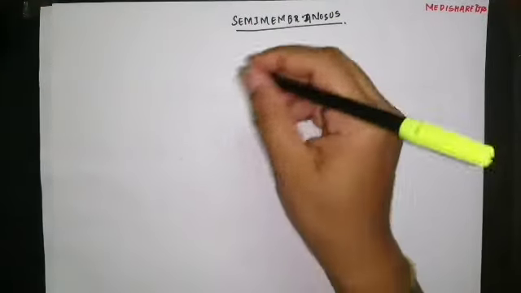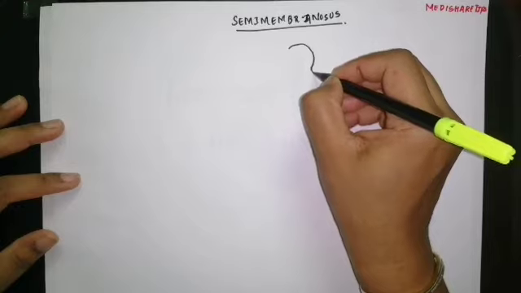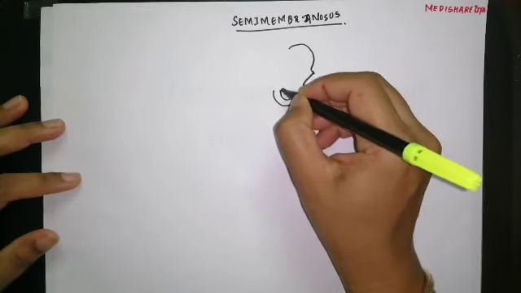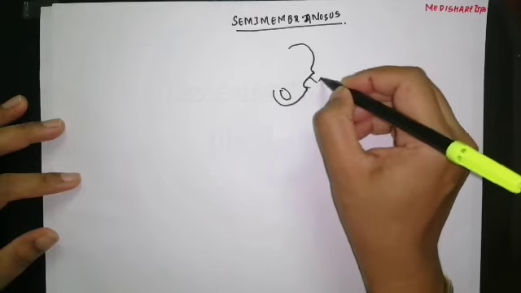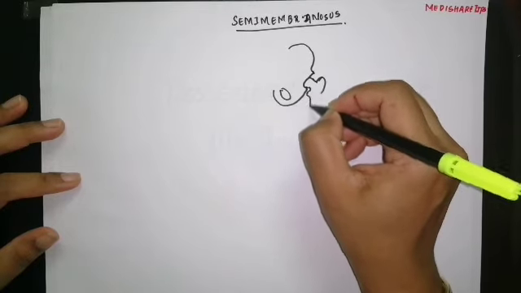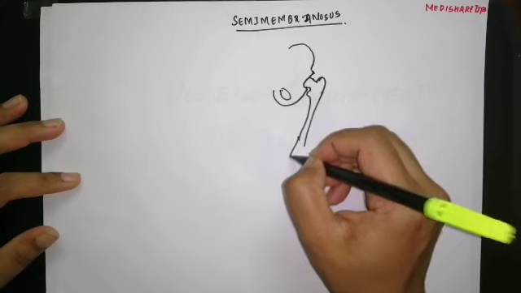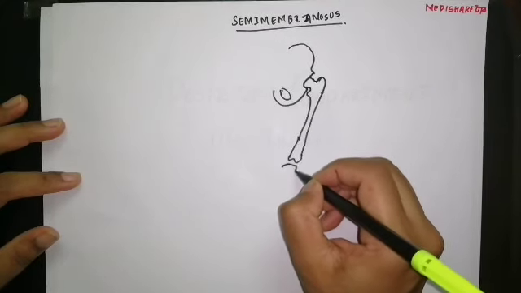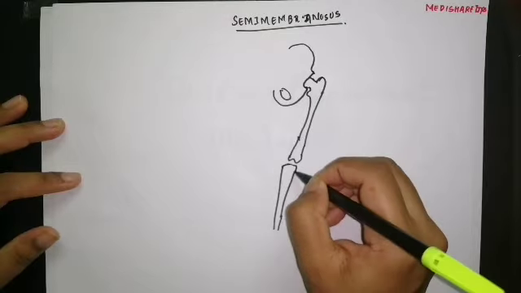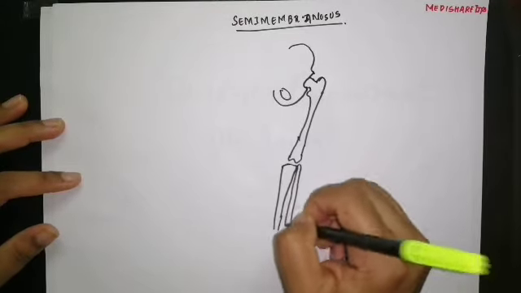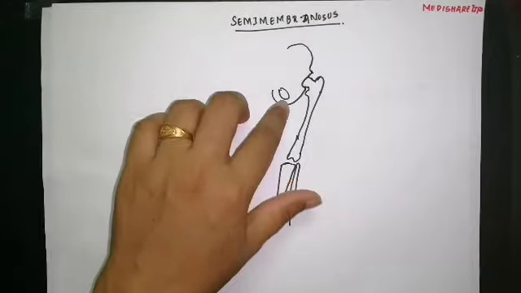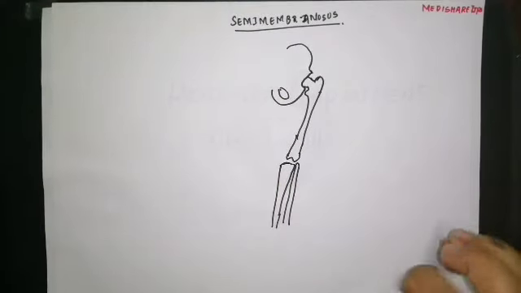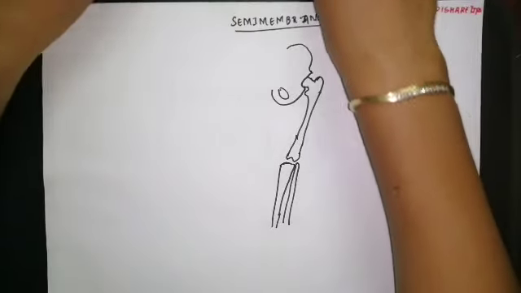We'll discuss the origin and insertion of the muscle. So this is the ischial tuberosity, this is the femur, this is the tibia, this is the fibula, and we'll be drawing the origin of the semimembranosus muscle.